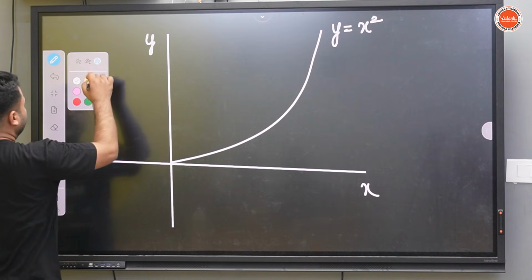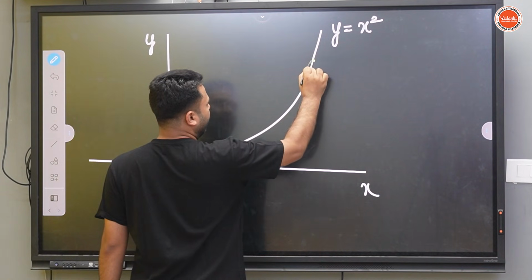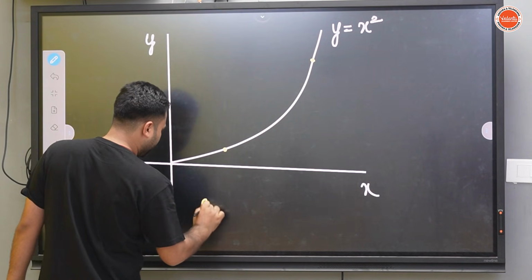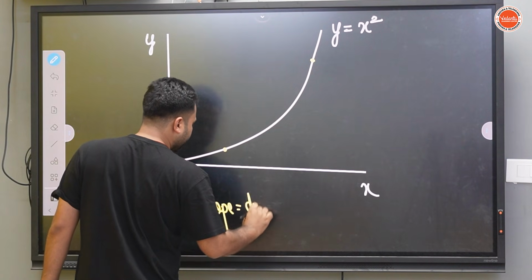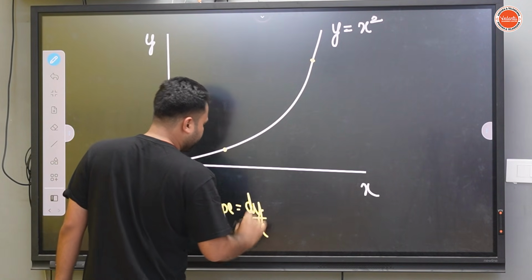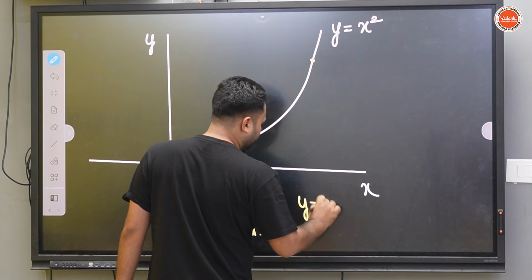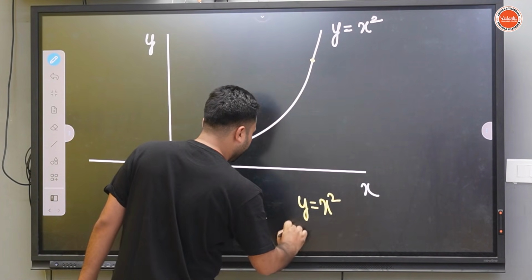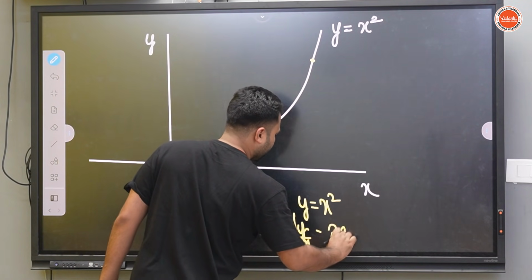If they ask what the slope is at this point and what the slope is at this point, the general formula for slope is dy by dx. Now you have studied that if y equals x square, then dy by dx will be 2x.